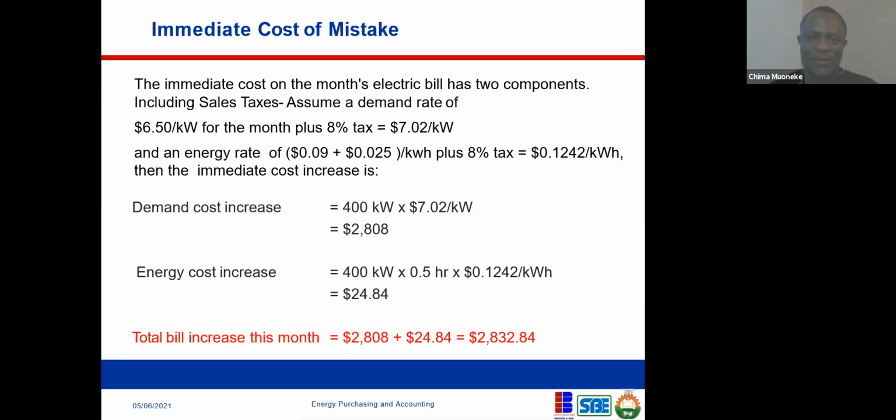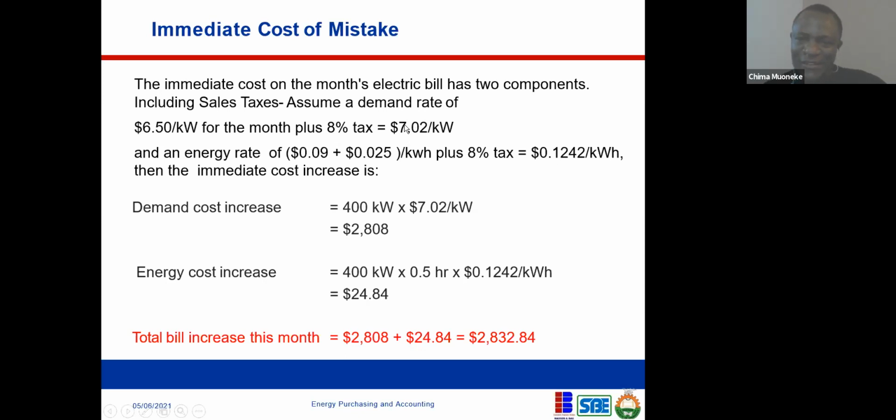I'm just trying to explain what the solution is before I begin to explain what I have on my screen. The immediate cost on the month's electric bill has two components, including sales tax. Assume a demand charge of $6.5 per kilowatt for the month plus 8% tax. Now you can just ignore this.